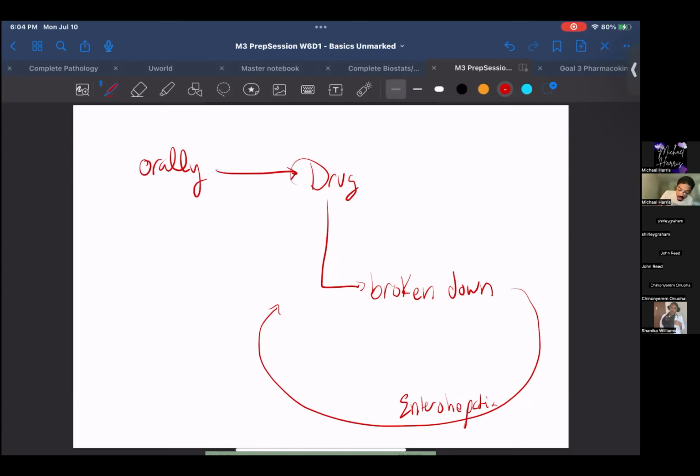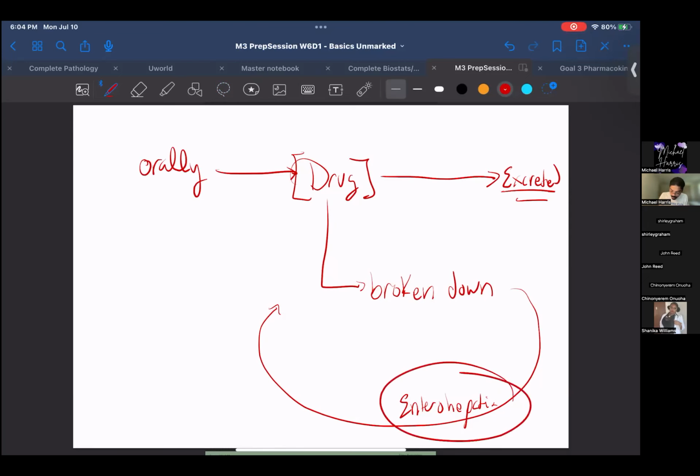And as such, the drug is at a specific concentration. This drug is excreted via the liver, via the kidneys. Okay. Now, if you remove this one, you decrease the drug concentration in the blood, and you are now under-treating.